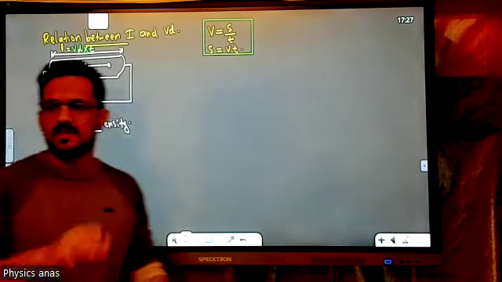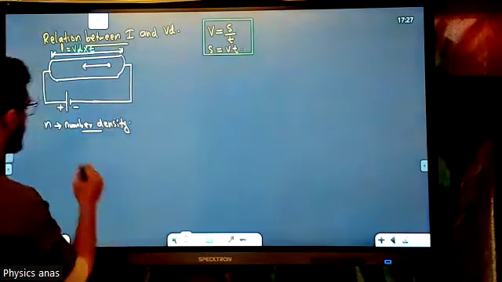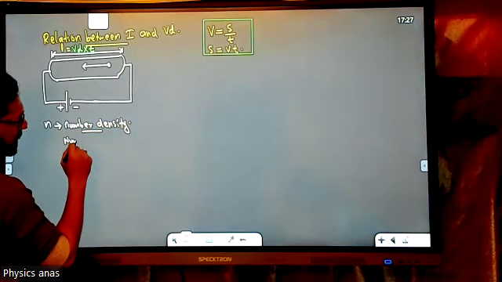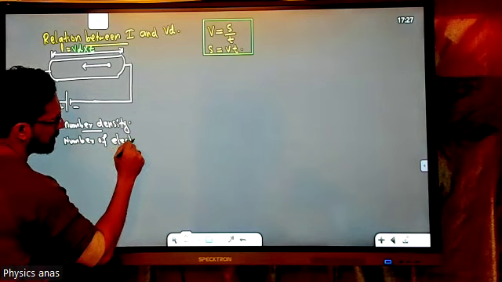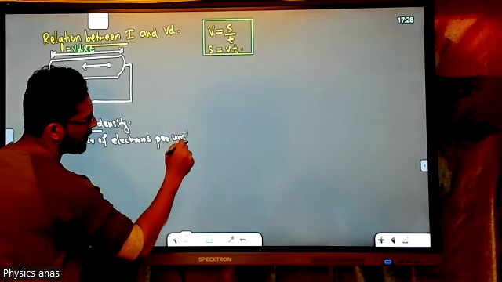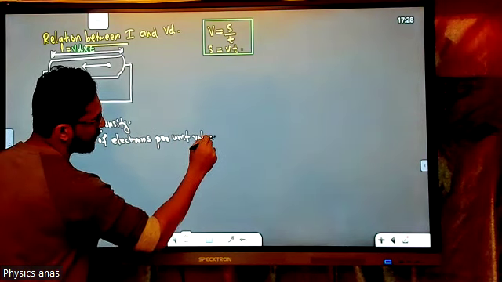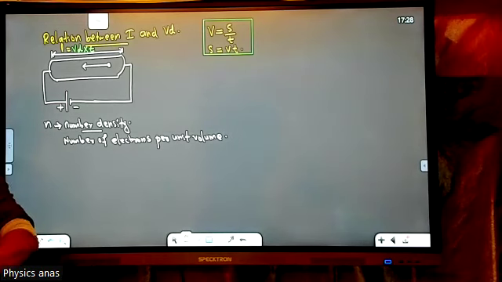It is nothing but the number of electrons per unit volume. That's called number density.